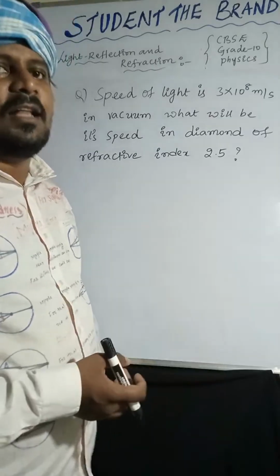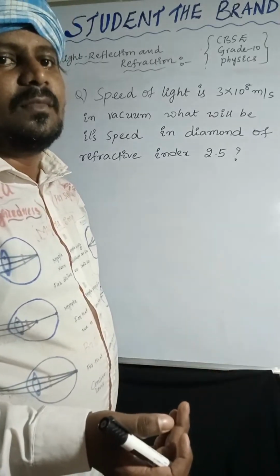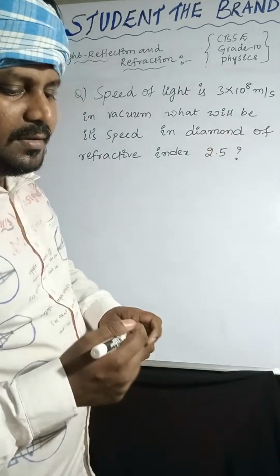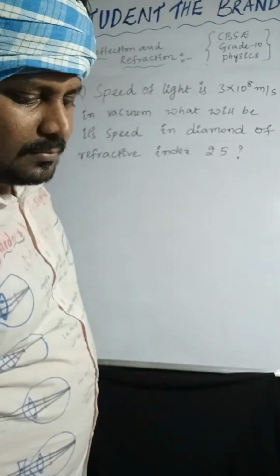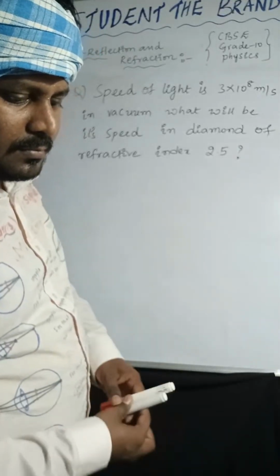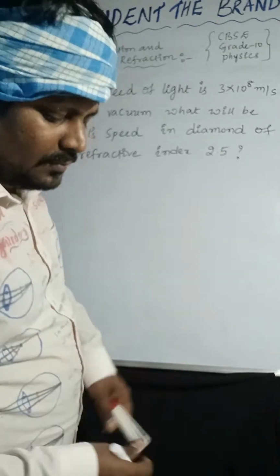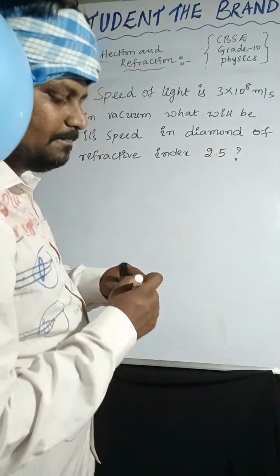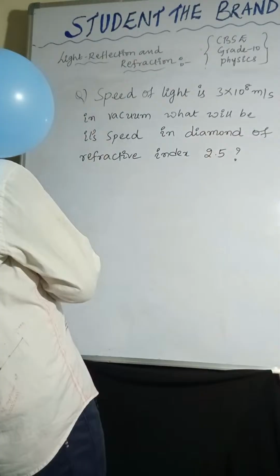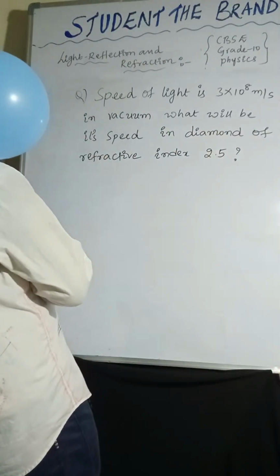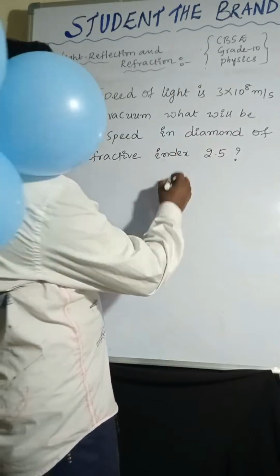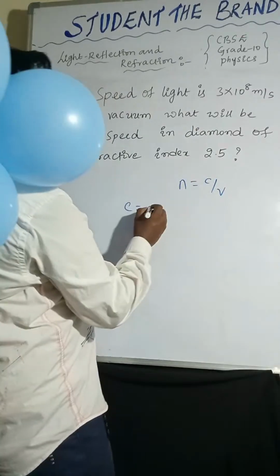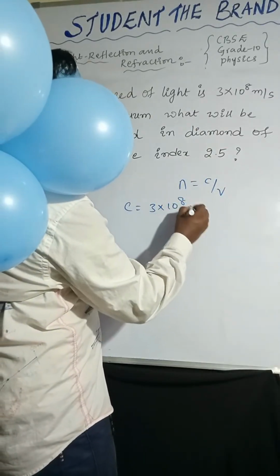Can you solve this problem? How to solve it? So simple, easy. The formula is n equal to c by v. C is already given, 3 into 10 power 8 meter per second.